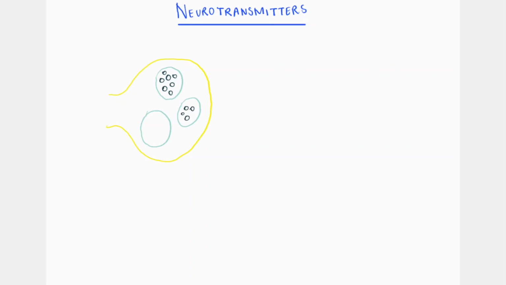Okay, and all of these parts, as you know, everything in biology has a name. So these pouches, they are called vesicles, and these little black molecules, they are neurotransmitters.